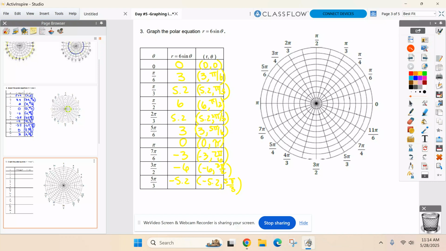All right, all good. Check the tables. Ready to graph it. And then I'll show you a little secret about how you can already tell what it's going to be before we do anything. All right, 0, 0, 3 out to pi over 6.